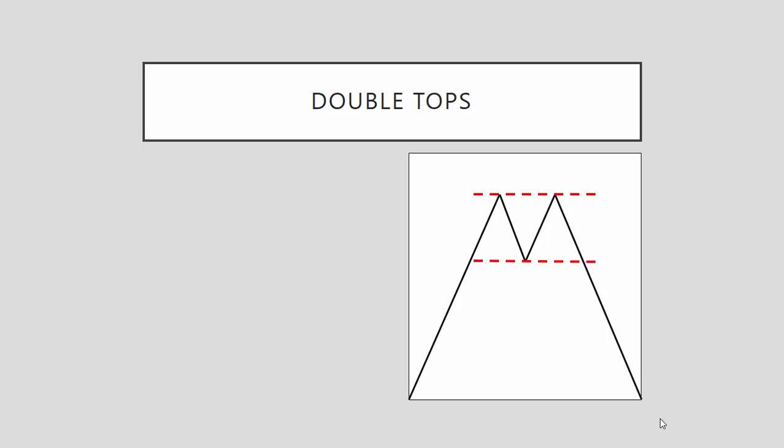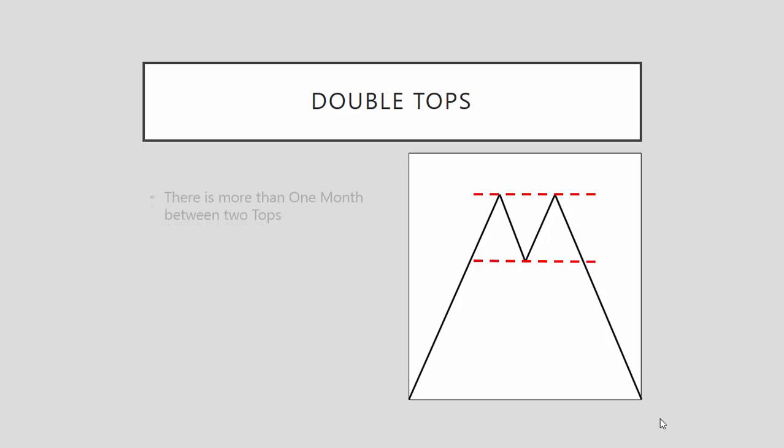Before we start talking about double tops, I have to say that real double tops and triple tops and bottoms are really rare and they're hard to recognize before they go a long way. The major characteristics of real double tops and double bottoms are their duration and the depth of the price reaction from the first peak.